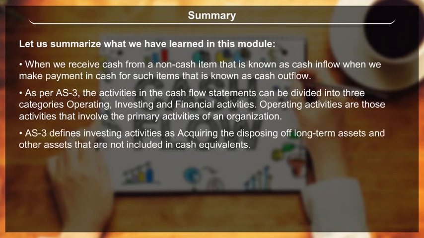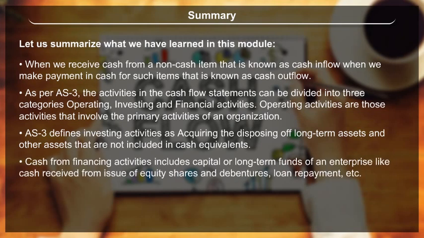AS3 defines investing activities as acquiring and disposing of long-term assets and other assets that are not included in cash equivalents. Cash from financing activities includes capital or long-term funds of an enterprise, like cash received from issue of equity shares and debentures, loan repayment, etc.